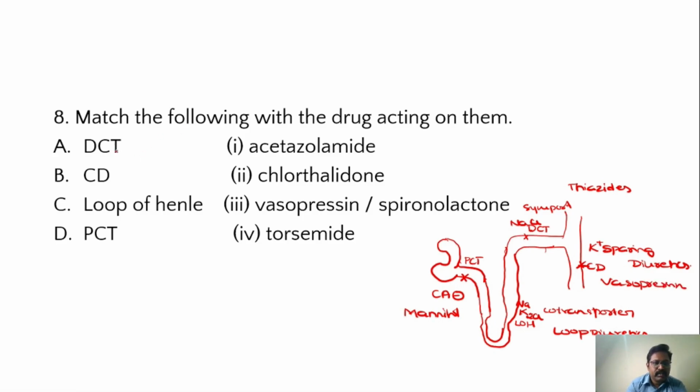So on the distal convoluted tubule, the drug acting is chlorthalidone. At the collecting duct, the drugs acting are vasopressin and spironolactone. The loop of Henle will be acted upon by the loop diuretics, that is torsemide. And at the PCT, acetazolamide will be acting.